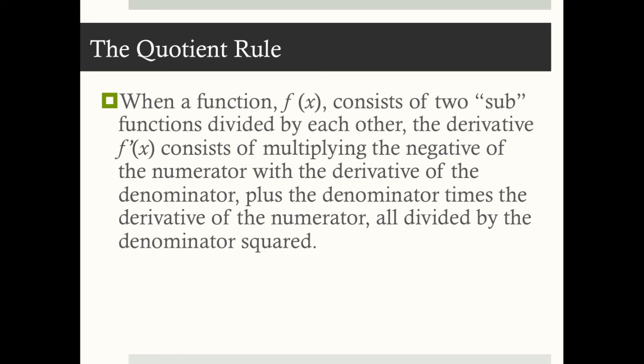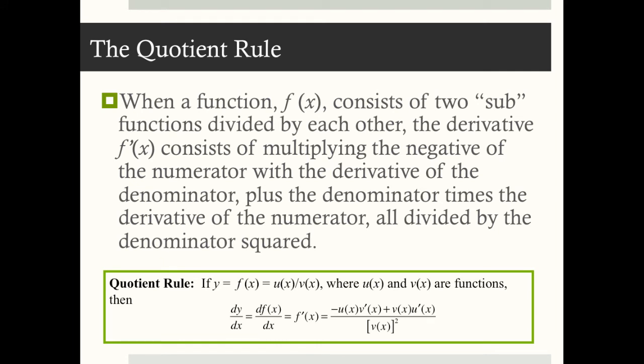So the quotient rule is probably the rule that you're going to have the most trouble with. Remember, you don't have to memorize this rule, so try to write it out in words. I know that it's pretty long, but the quotient rule says that when a function f of x consists of two sub-functions divided by each other, the derivative f prime x consists of multiplying the negative of the numerator with the derivative of the denominator, plus the denominator times the derivative of the numerator, and then you divide all of that by the denominator squared.